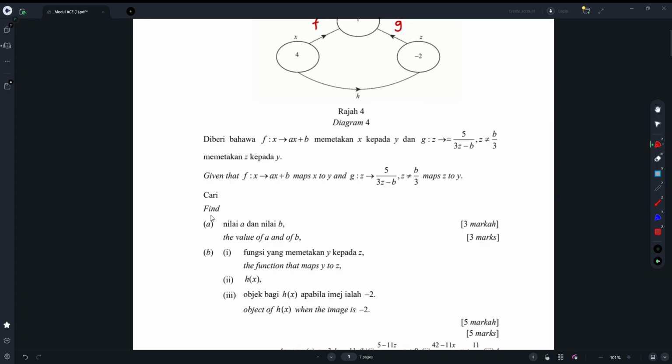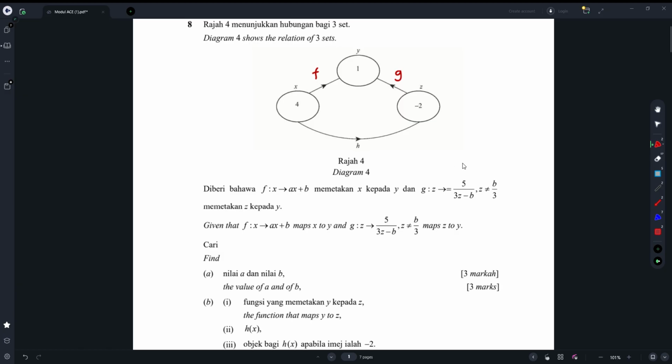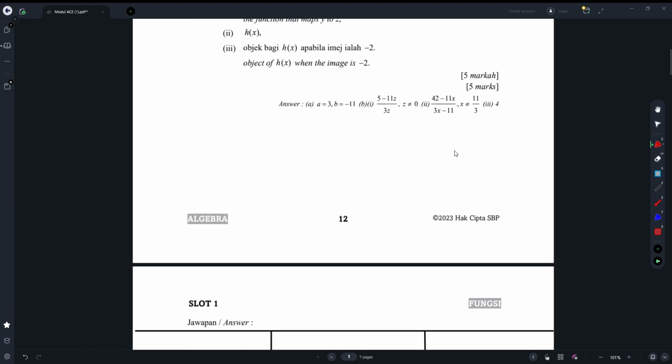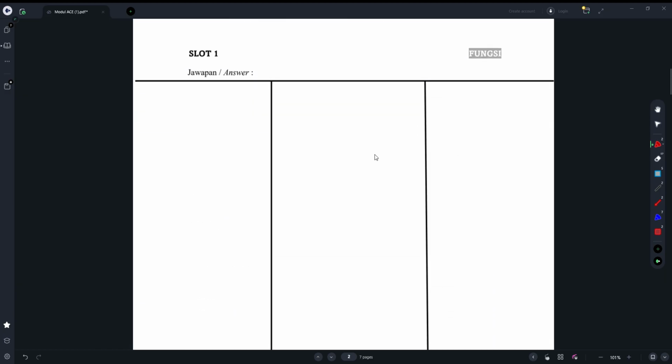Now they are requesting us to find the value of a and b. How to find the value of a and b? Very simple. First, we need to list down the functions given. The first function is g of z equivalent to 5 over 3z minus b.